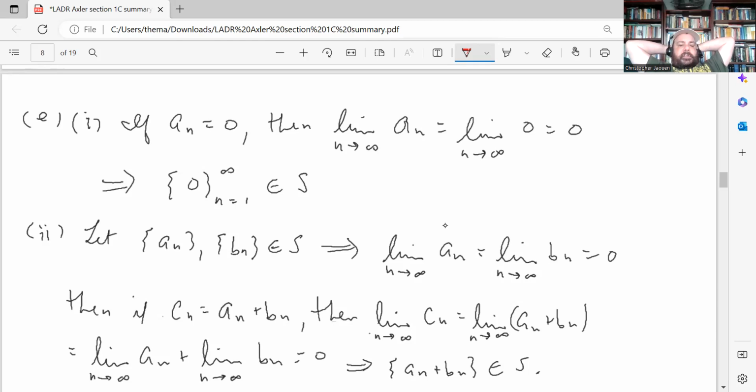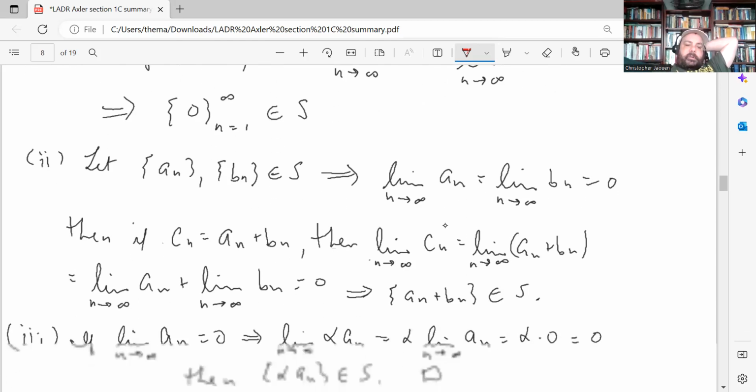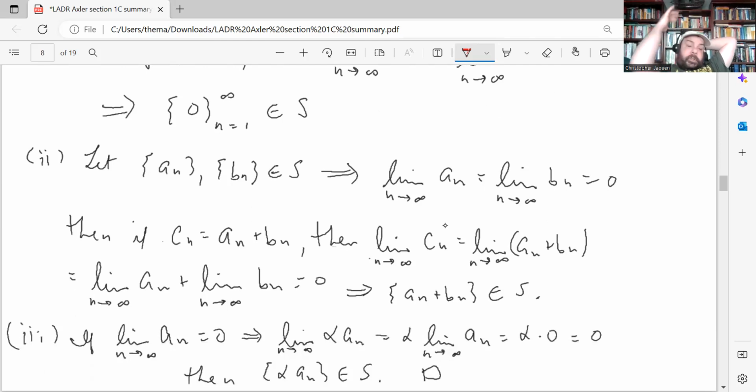If you take the sum of the nth terms for those sequences and use that as the nth term for your new sequence, here I'm calling it c_n, take the limit as n goes to infinity. Remember that limits distribute over sums, so that's the same thing as limit a_n plus limit b_n, and we already know that that's 0 plus 0, which is 0.